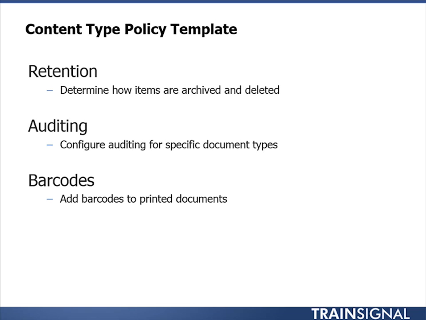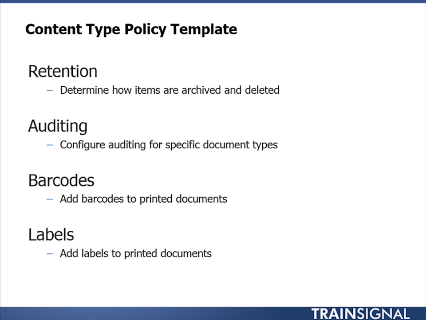We also have the ability to enable barcodes as well, so when an item is printed, that it can automatically put on a barcode for us. And then finally, last but not least, we can also have it put on a standard label to every item that's printed.